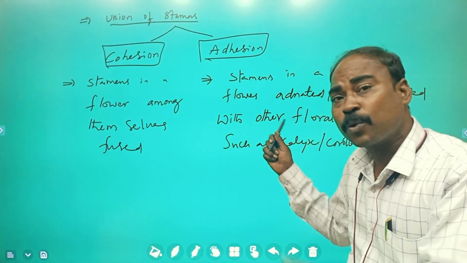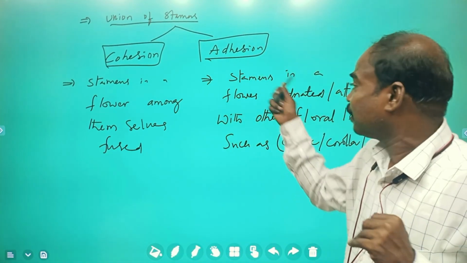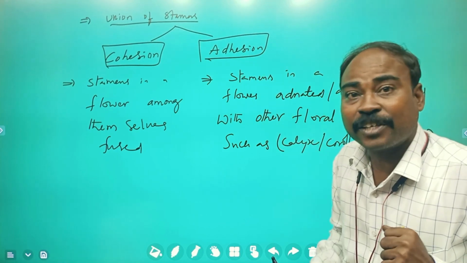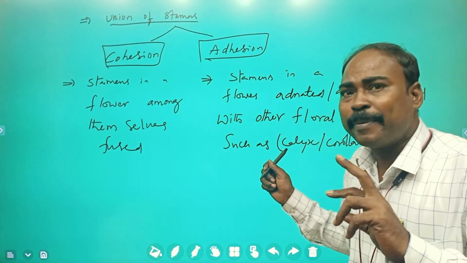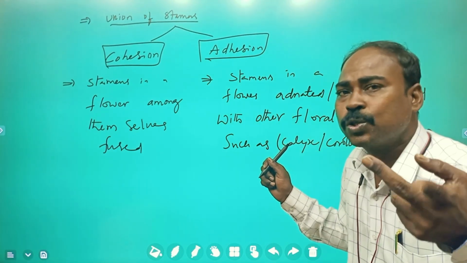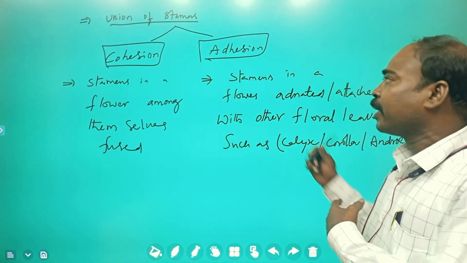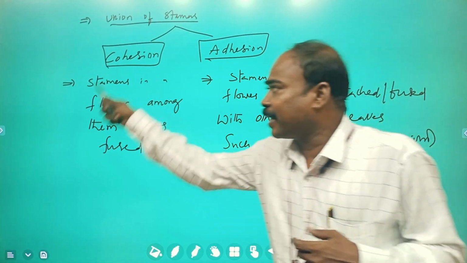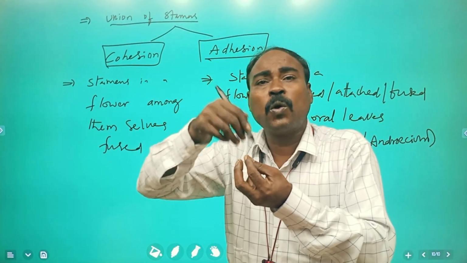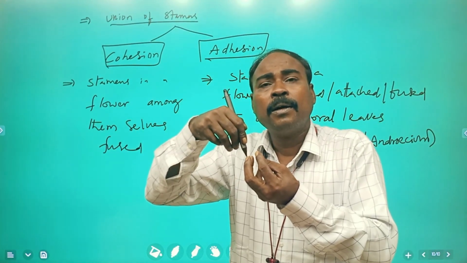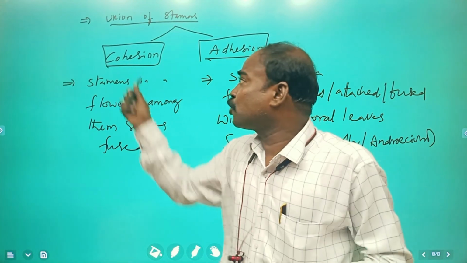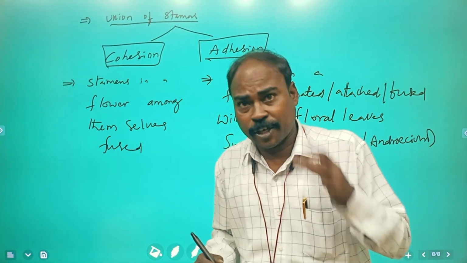The 11th students are united with the 10th as well as the 12th. Such a union is called adhesion. So in a flower, stamens attached or fused or adnated with calyx or corolla or gynoecium is known as adhesion. In a flower, only stamens, 4 or 5 or 10, uniting among themselves is called cohesion.